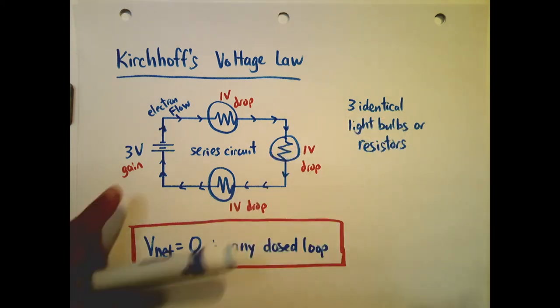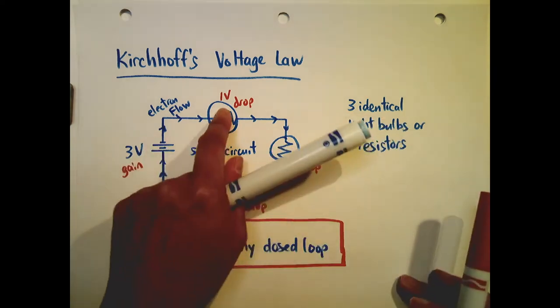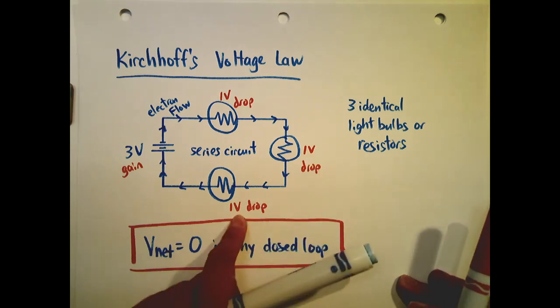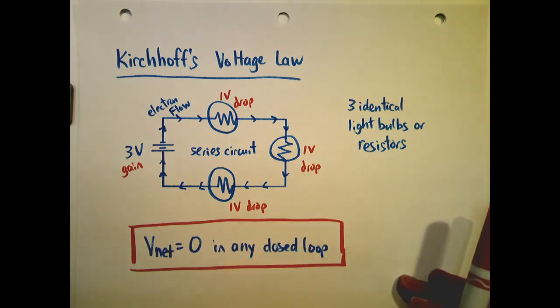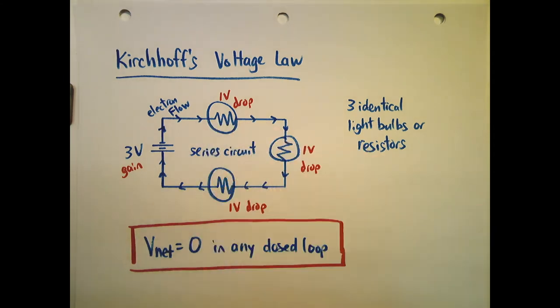So in a sense, you can say this is +3, then -1, then -1, then -1. And so the net voltage will be 0. And so that's how you know how much each light bulb in this case will have. In this case, all the light bulbs will have the same amount of brightness. Hopefully this is sort of a trigger or a reminder of what you learned in grade 9 electricity.